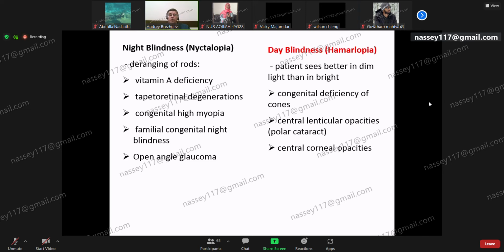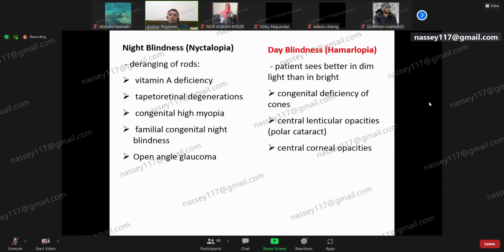On the other hand, in dim light, there exists a dilation of our pupil, and the light can get to the retina through the peripheral part of the crystalline lens, of the cornea, of the vitreous body without any problems, because the opacity is in the central part.